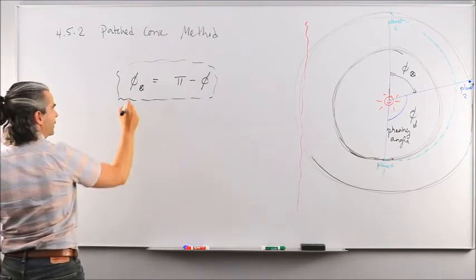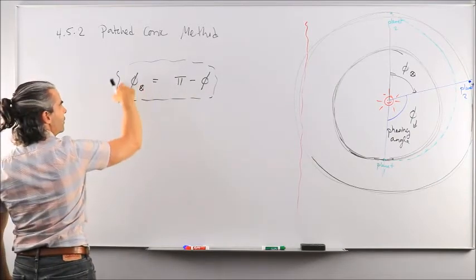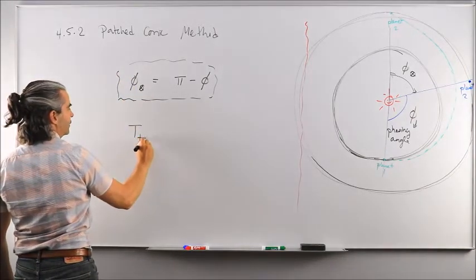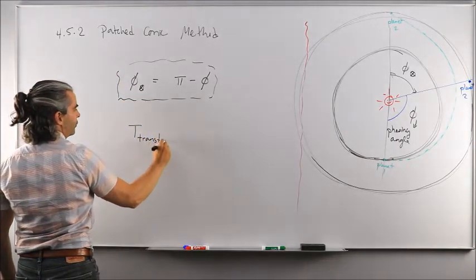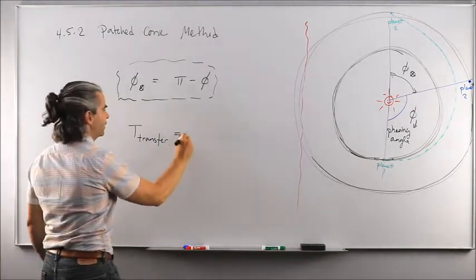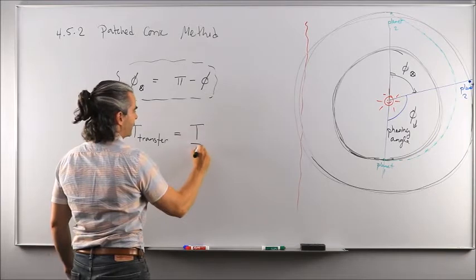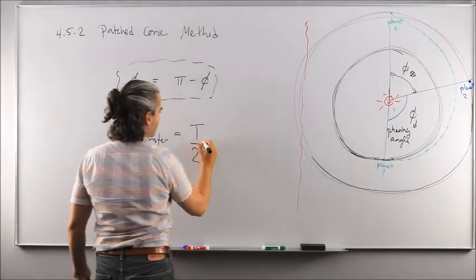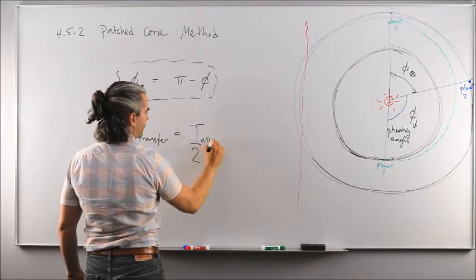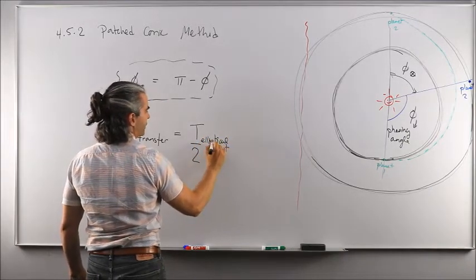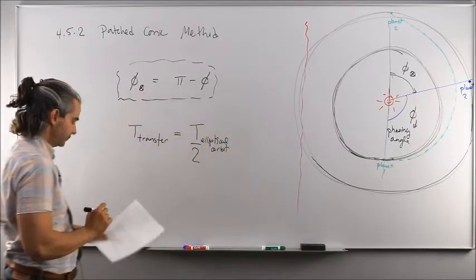So we're going to say that this amount of radians needs to be covered in an amount of time referred to as T transfer, where T transfer is simply half of the elliptical orbital period of the green orbit, essentially.